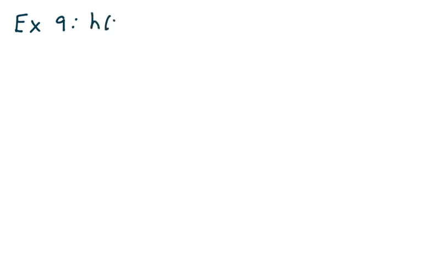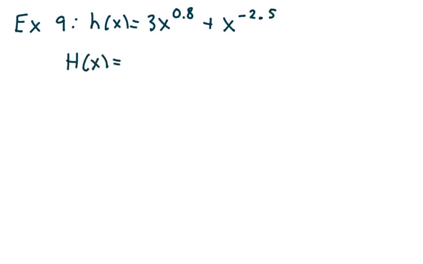Suppose I had h of x is 3x to the 0.8 plus x to the negative 2.5. So capital H of x, I'm going to add 1 to the exponent, and that's going to produce x to the 1.8, but then I want to multiply by 1 over 1.8.